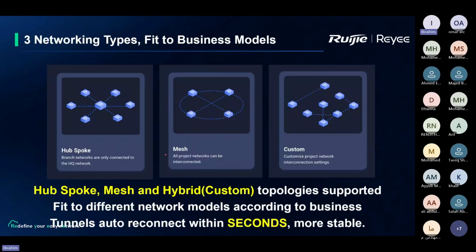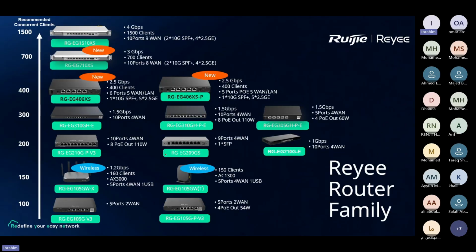Okay, so I will first introduce the products that we have that support the SD-WAN, AnyLink SD-WAN, starting from 100 users up to 1,500 users.